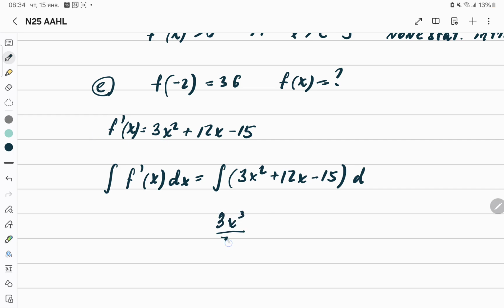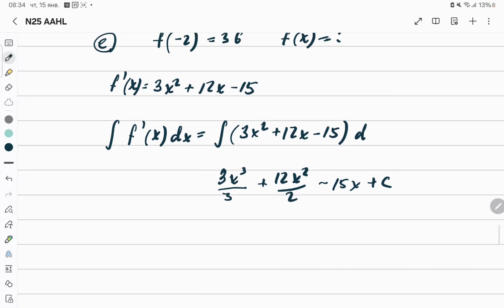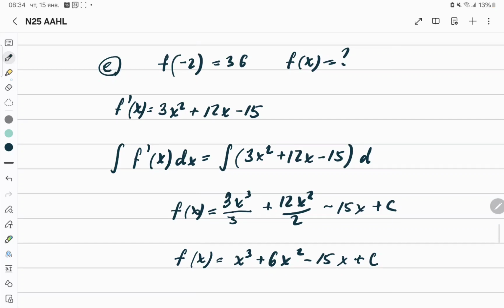It gives 3x cubed over 3 plus 12x squared over 2 minus 15x plus c. Now let's simplify. So f of x is equal to x cubed plus 6x squared minus 15x plus c. Now we need to find c. We have to use this information, f of negative 2 equals 36.